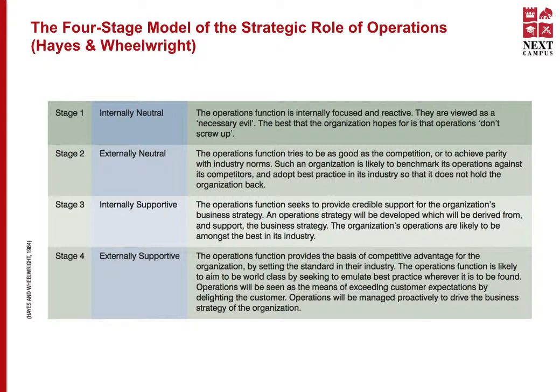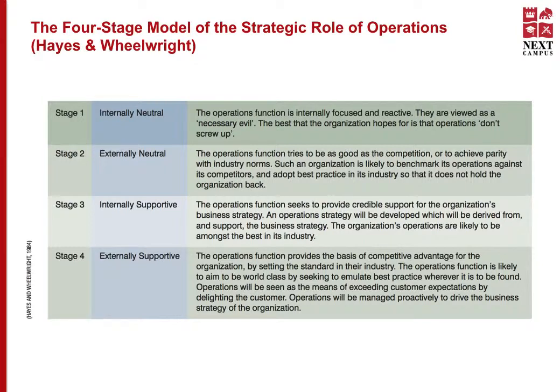Stage 3, internal supportive. The operations function seeks to provide credible support for the organization's business strategy. An operations strategy will be developed which will be derived from and support the business strategy. There's alignment between the operations strategy and the business strategy. The organization's operations are likely to be amongst the best in its industry.